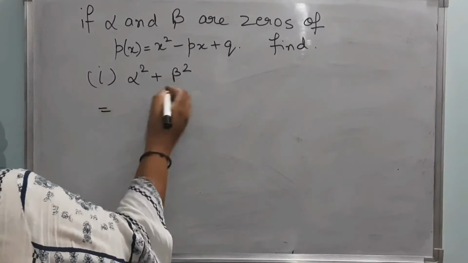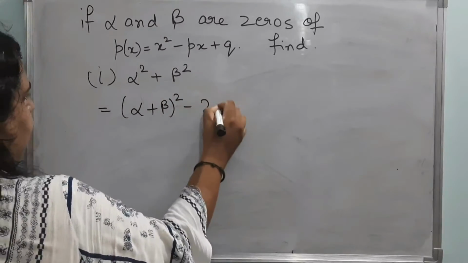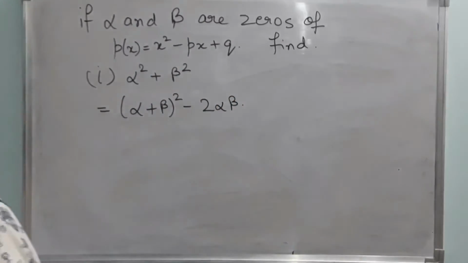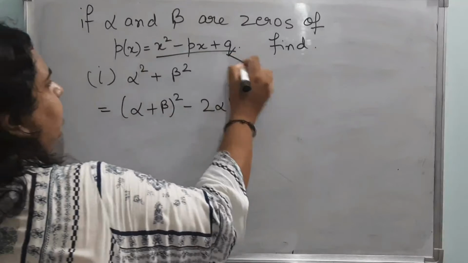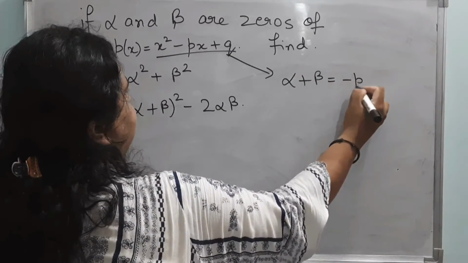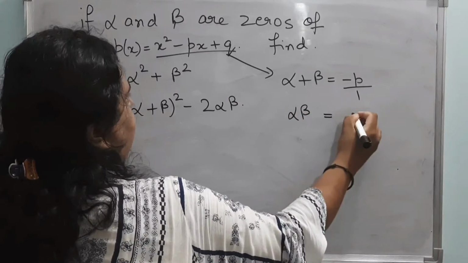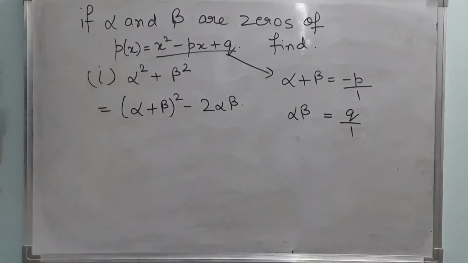We know alpha square plus beta square equals (alpha plus beta) square minus 2 alpha beta, and from this equation we get alpha plus beta equals minus of minus p on 1, that is p, and alpha beta equals q on 1.